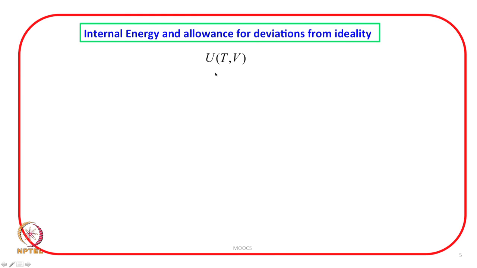I do not need to express all the three P, V and T, because P, V and T are interrelated to each other. So, if I write two, the third automatically can be calculated. So, I will begin by taking internal energy as a function of temperature and volume.